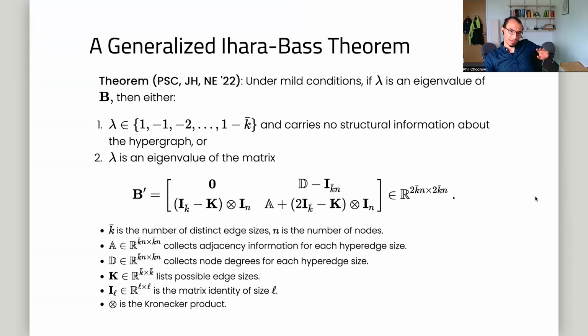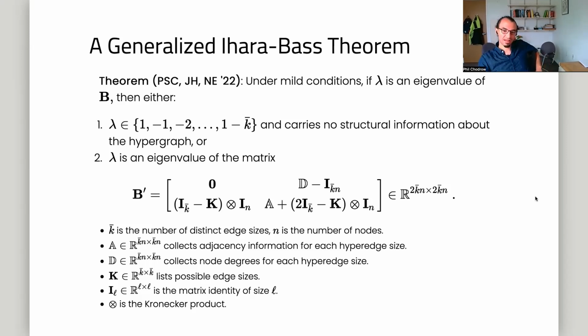In the first case, that eigenvalue has one of a few specific values, 1, 1 minus 2, all the way up through 1 minus the largest edge size. In this case, the corresponding eigenvector carries no structural information about the hypergraph, so it's useless for community detection. That's one case. Or in the second case, you can actually compute that eigenvalue from a more complicated-looking but smaller matrix.